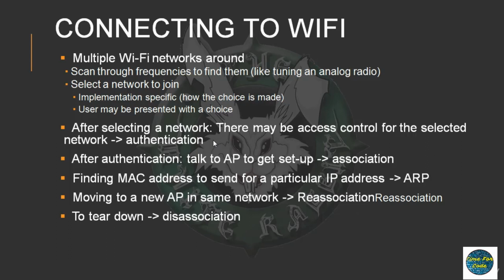Now, typically, because we're talking about connecting to the internet, there's another step that needs to happen after that, because in the process of authentication and association, this is beneath the IP layer. So these things are happening without reference to a specific IP address. It's just about at layer 2 getting things set up.